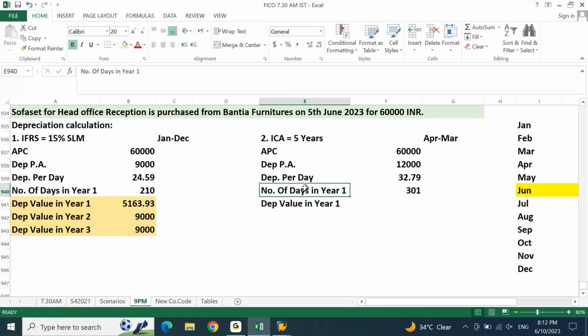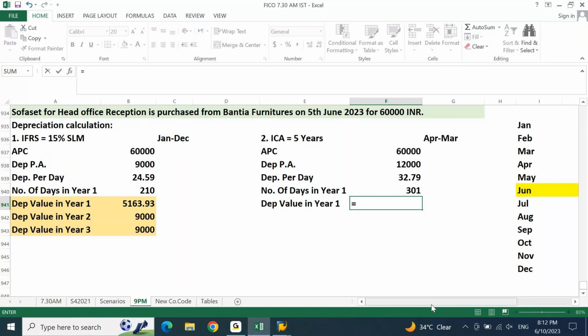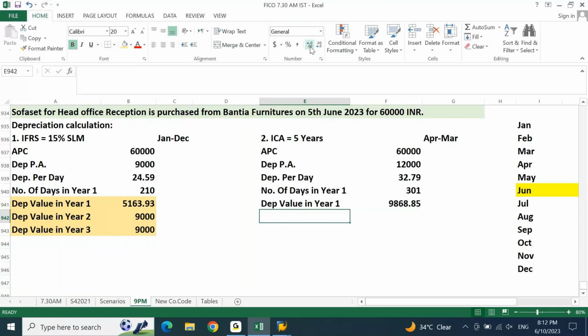According to Indian Companies Act, you have used 301 days. Now depreciation value in year 1 will be depreciation per day multiplied by number of days in year 1. This will be your first year depreciation. This will be the year 1 depreciation. Now next one is the same, depreciation value in year 2, depreciation value in year 3.